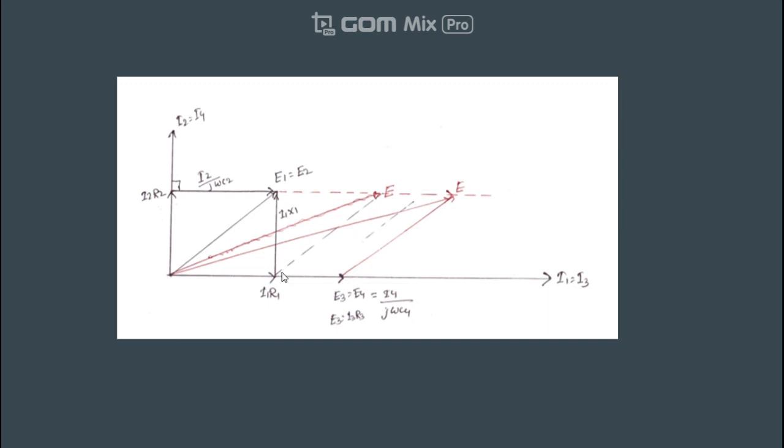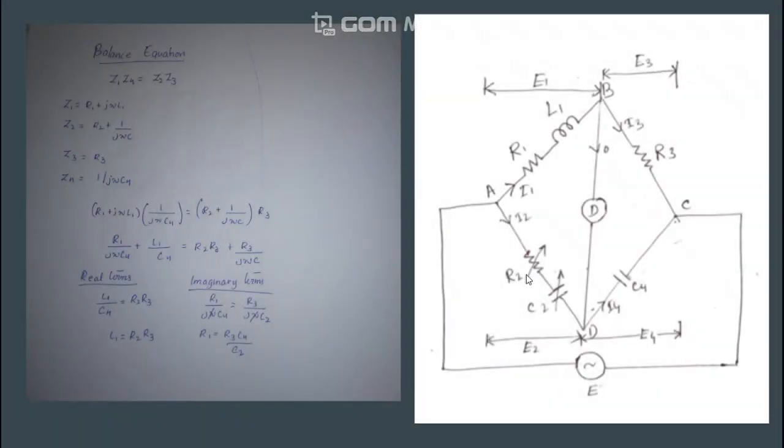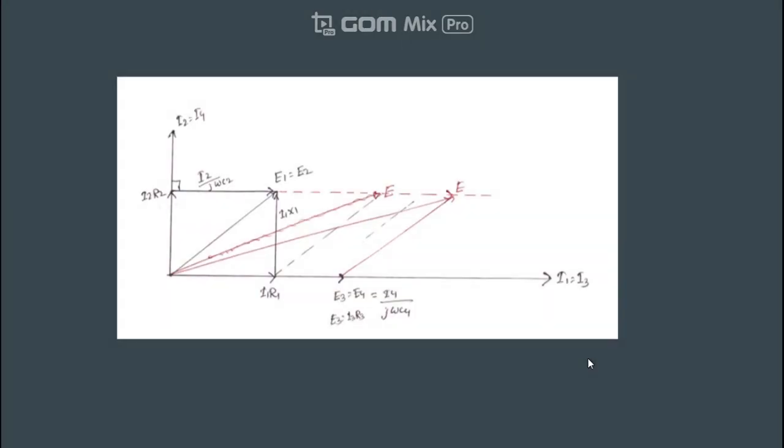Now here is the phasor diagram for the Owen's Bridge. The reference phasor we are taking is current I1, which, if you look back here, is the current from this AC source. I'm taking I1 as the reference phasor.